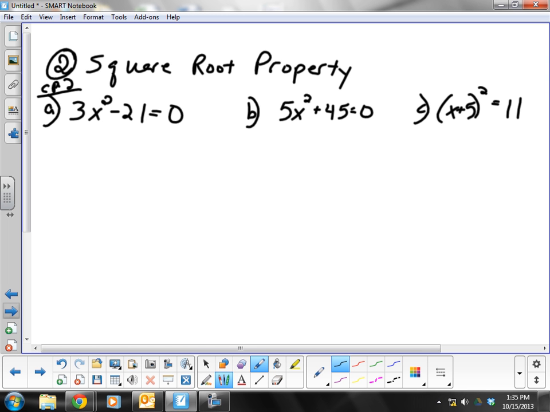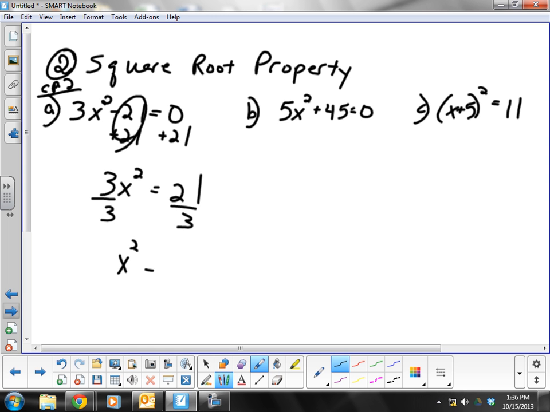See, this is what I was talking about a while ago. If I have an x squared in there but no x term, then that allows me to do this like I used to do linear equations, which is pull all the numbers away from the x, put it on the other side, and then I can solve it. So my first step would be to add 21 to both sides. So I've got 3x squared is equal to 21. Then we can divide by 3.